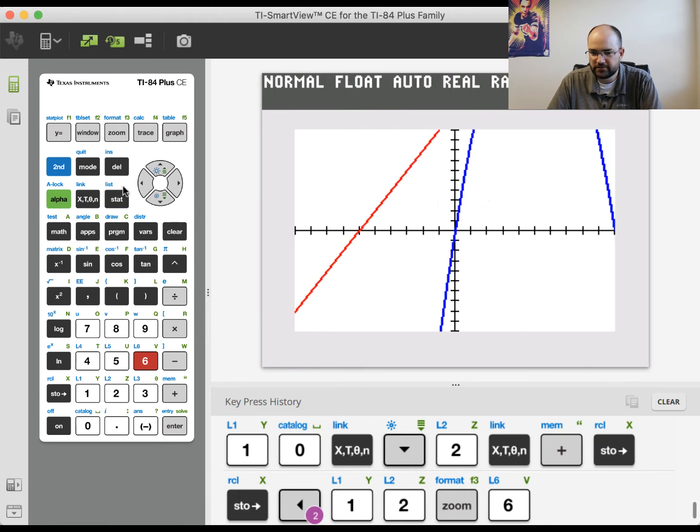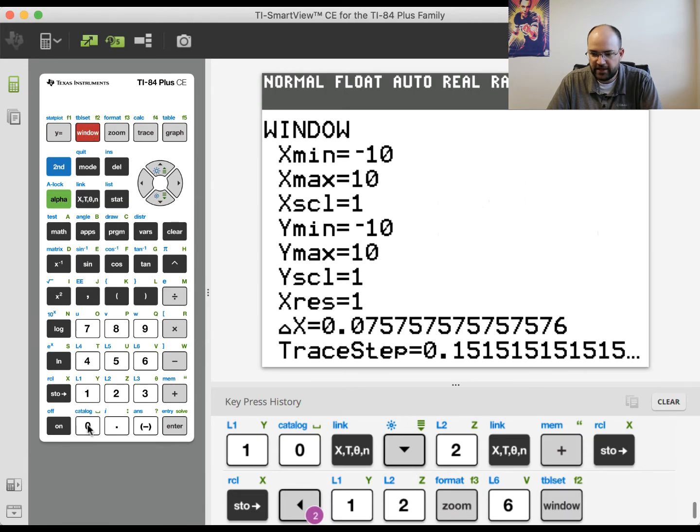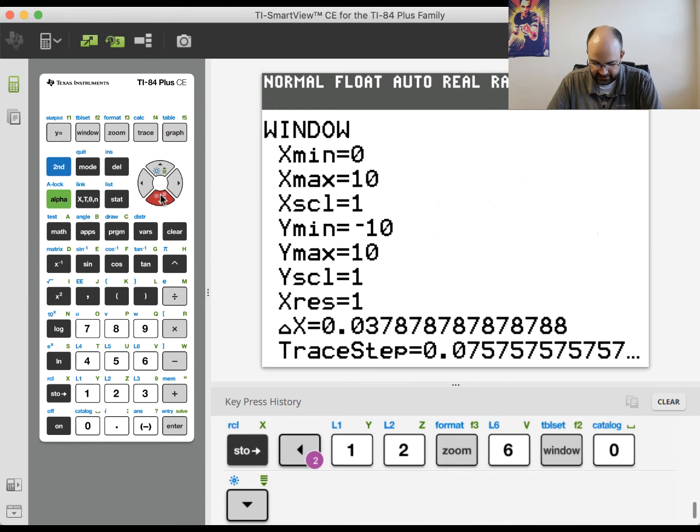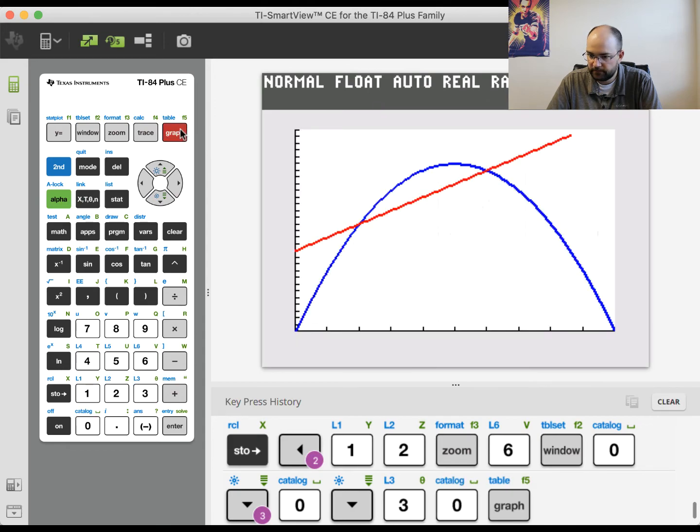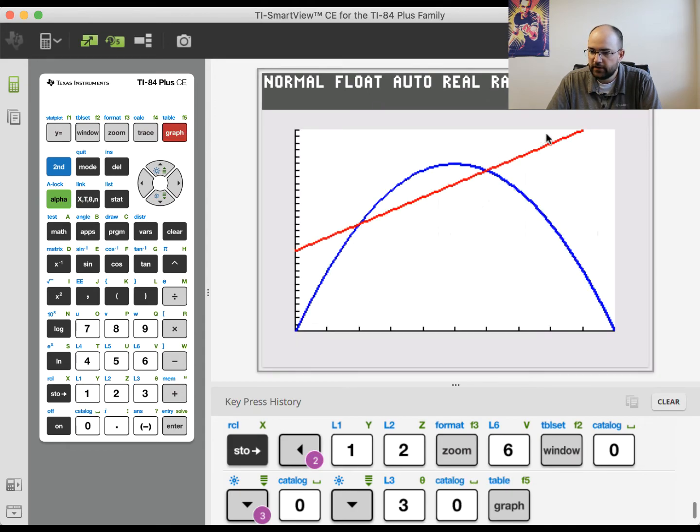It's kind of hard to see though, so let's change our window. Minimum x of 0, maximum x of 10 works. Minimum y of 0, maximum y, let's go 30. There you go. Now notice that linear cost function, quadratic revenue. And in here, the area between these two, where the revenue is higher than your cost, is the place where you're making a positive profit.